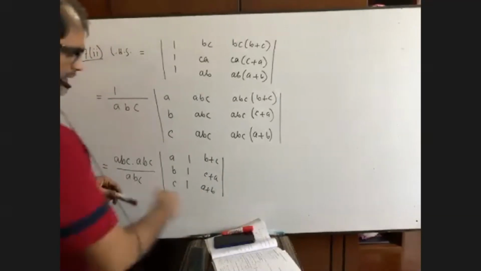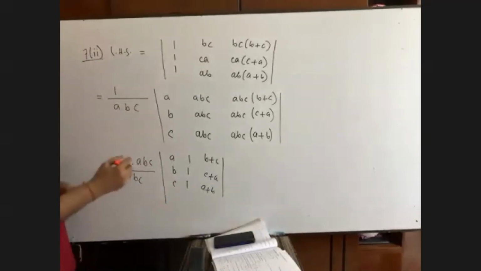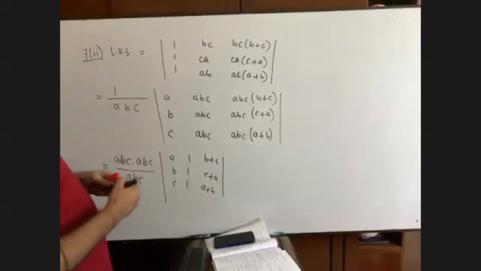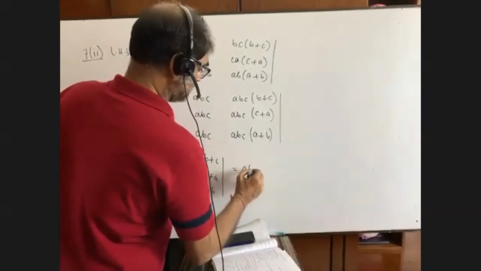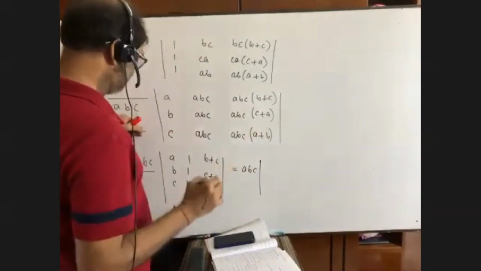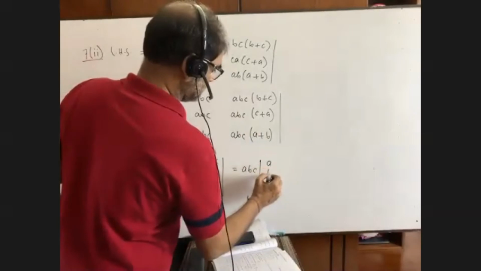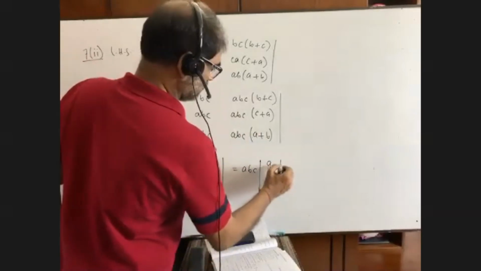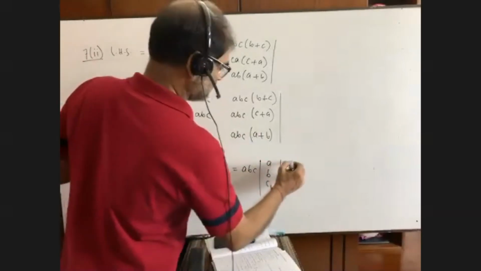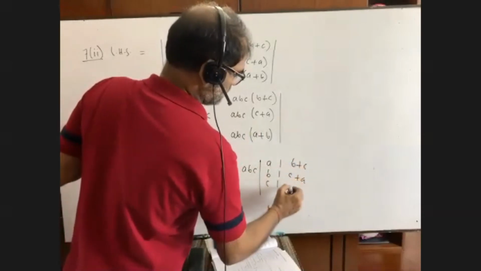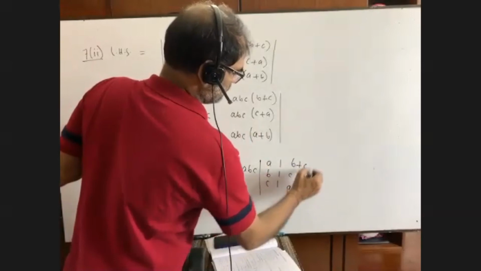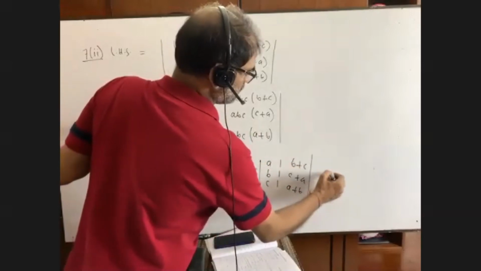Can you write that this and this have been omitted? So we are getting here ABC, A, B, C, 1, 1, 1, B plus C, C plus A, A plus B, proved.